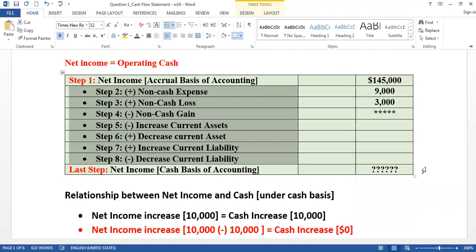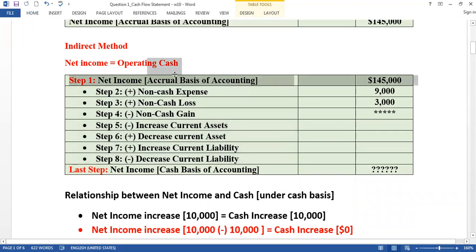Look at here. First step, start with accrual basis net income. Last step is called cash basis net income. For example, this is $86,000.